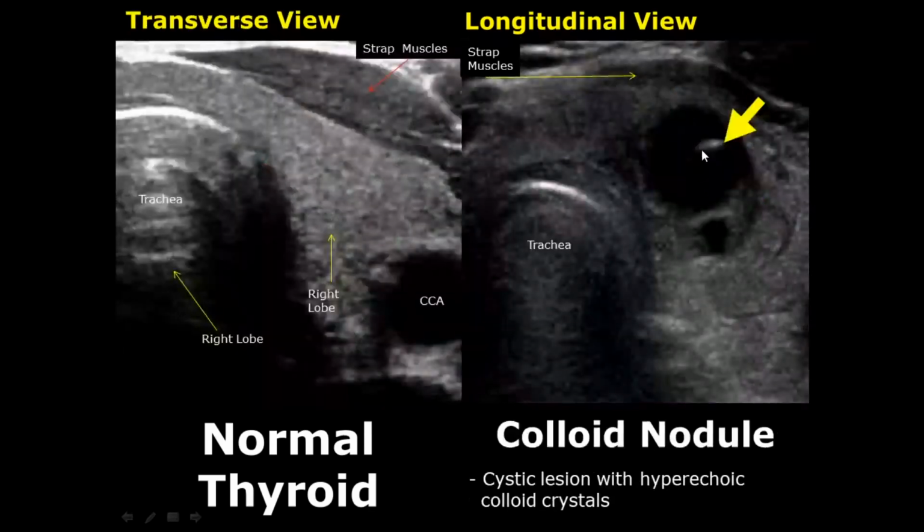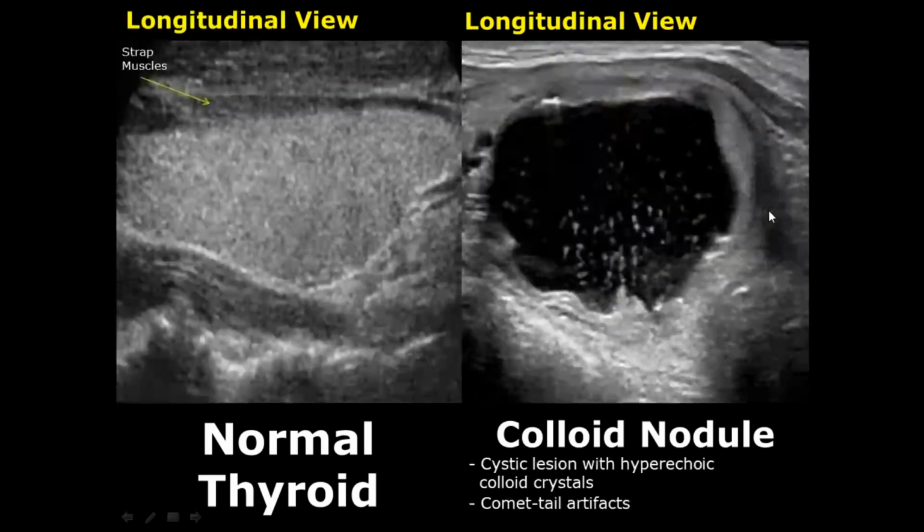A colloid nodule will have a cystic lesion that is filled with echogenic colloid crystals. Here you can see only one crystal in this image. It is hyperechoic. Here is another image of colloid nodule having multiple colloid crystals that are hyperechoic, and they can also have comet tail artifacts.